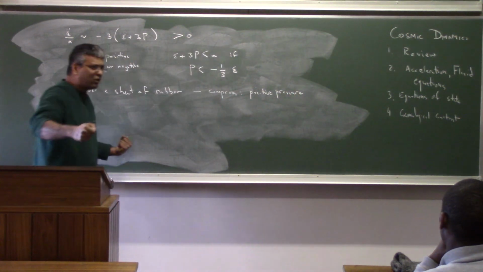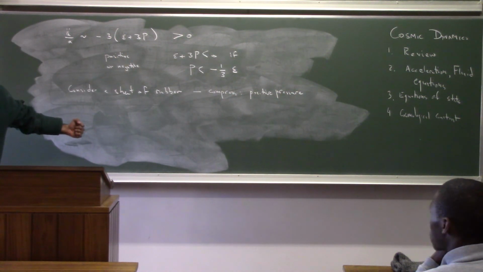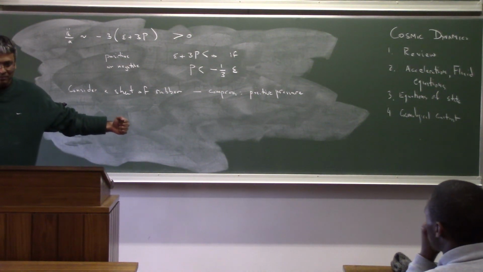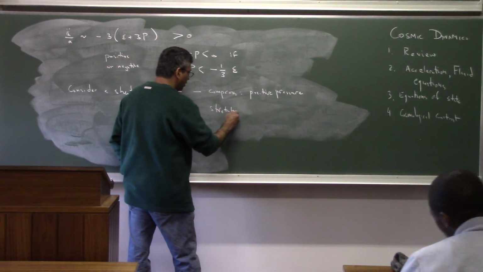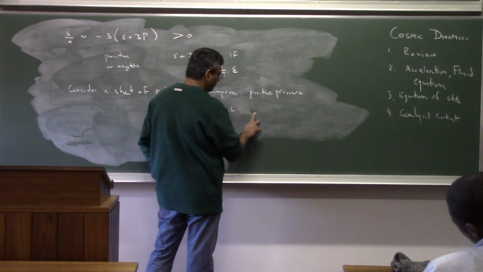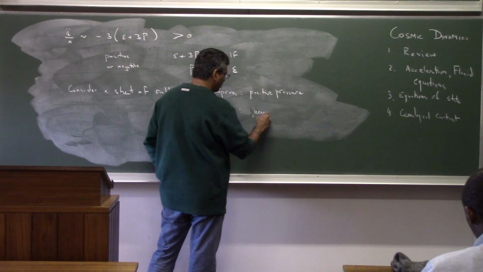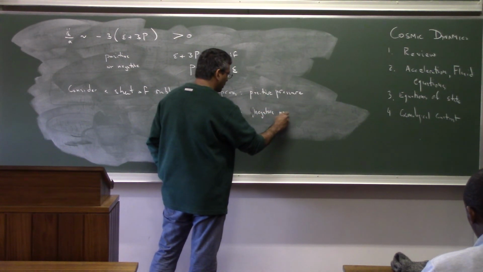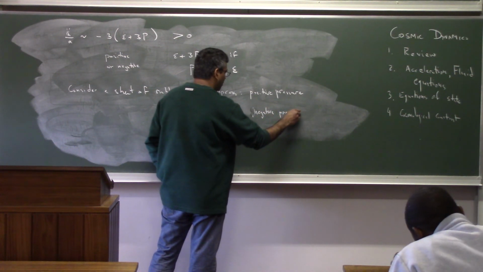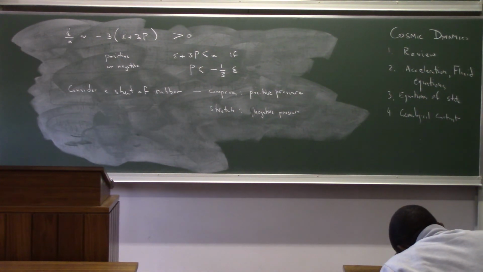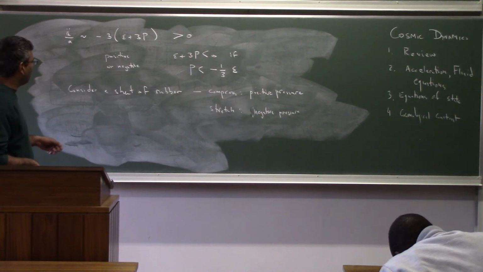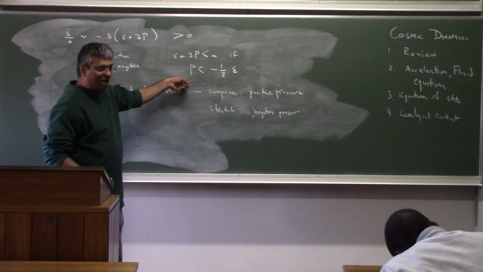Now, suppose you take the same sheet of rubber and you expand it, or you stretch it. When you stretch it, the pressure will be negative. In analogy, you're sort of stretching the universe in a way such that the pressure is negative. So nothing is in principle unusual about these negative pressures.